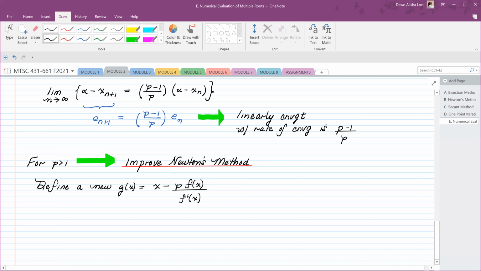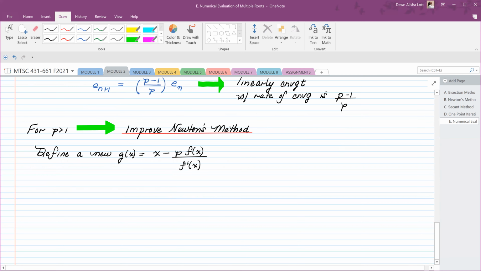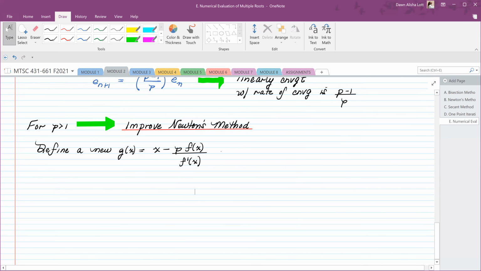And the reason why we can do this is because g prime of alpha is going to equal 1 minus p times 1 over p, and then that's going to equal 0.